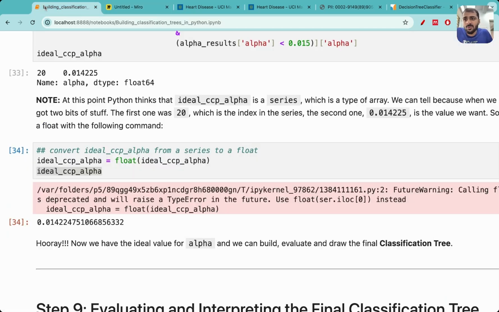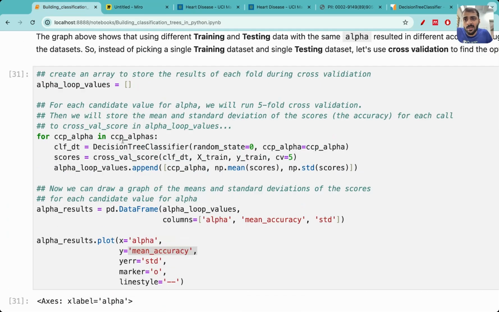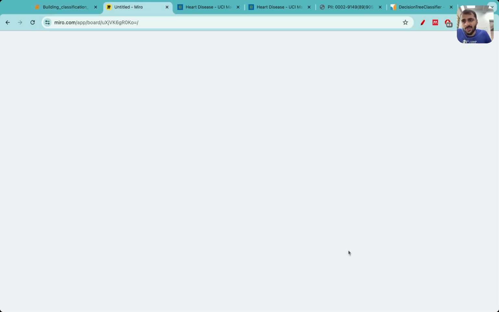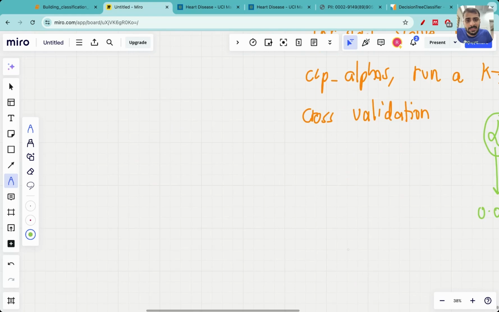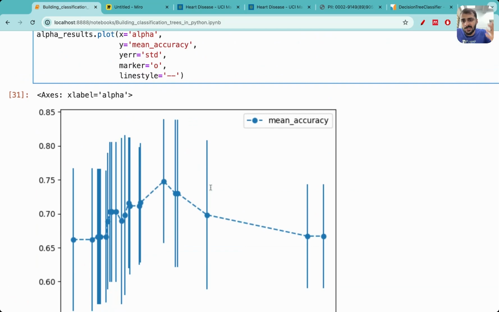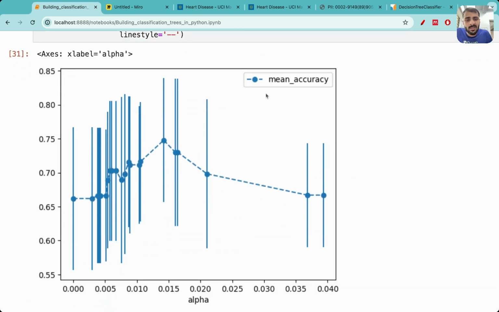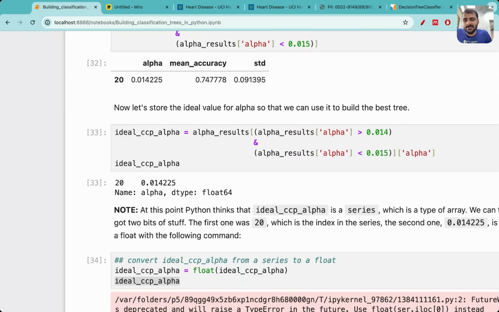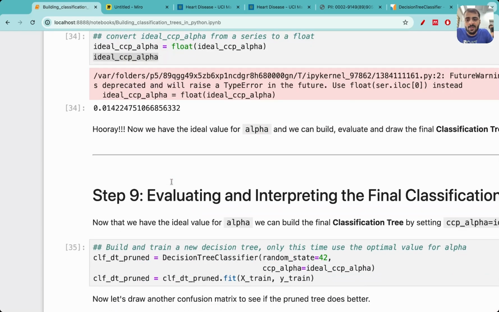And for that, we use this function given by scikit-learn, which is called cross val score. This will do cross validation as has been mentioned over here, and then we'll be choosing the best alpha which gives the highest mean accuracy, and that we found out to be 0.014.